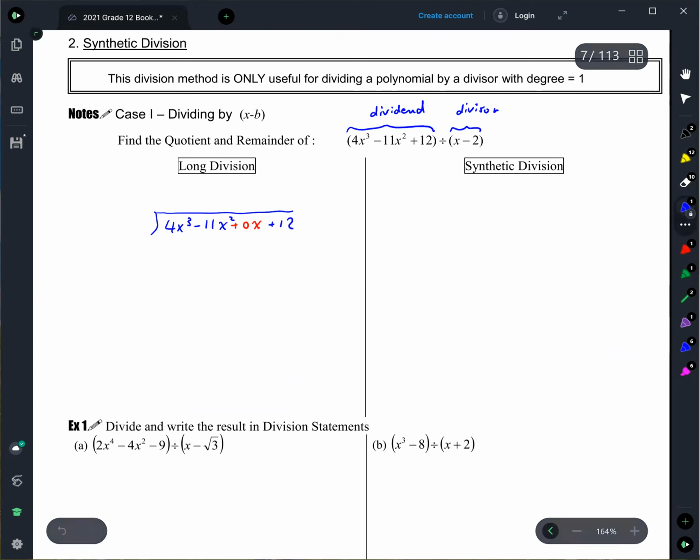So it goes down in descending order, right? x cubed, and then x squared, and then x, and then no x. Okay, so the dividend goes inside, and then the divisor will go outside, x minus 2. Okay, so please set this up before we start dividing.